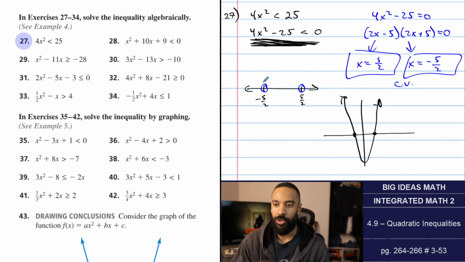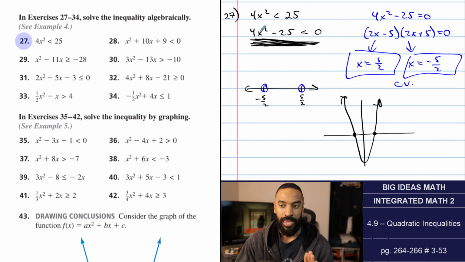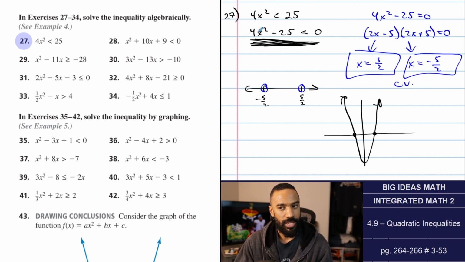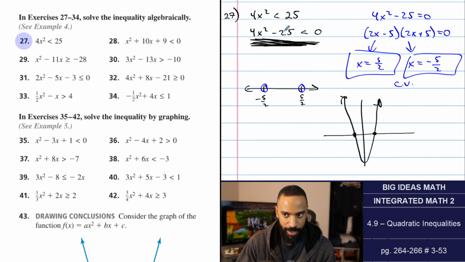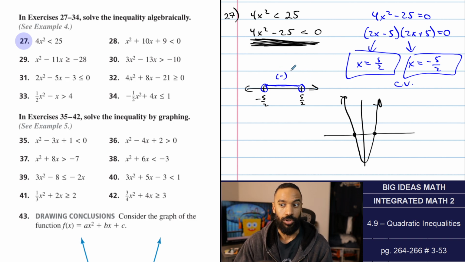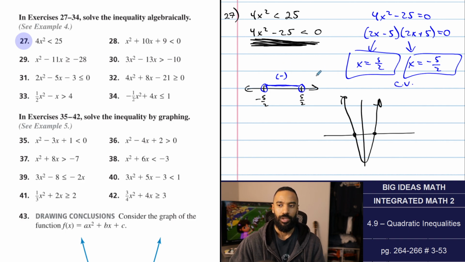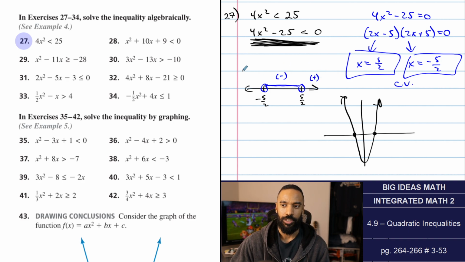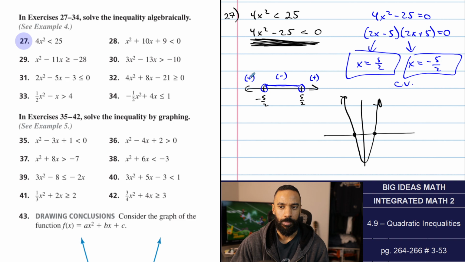If I plug 0 into this x right here, I will get a negative value out, negative 25, and I will get a true statement. So this is where the y's are negative, or your result is negative, less than 0. This is where your results are positive, greater than 0. Those do not represent solutions to this.